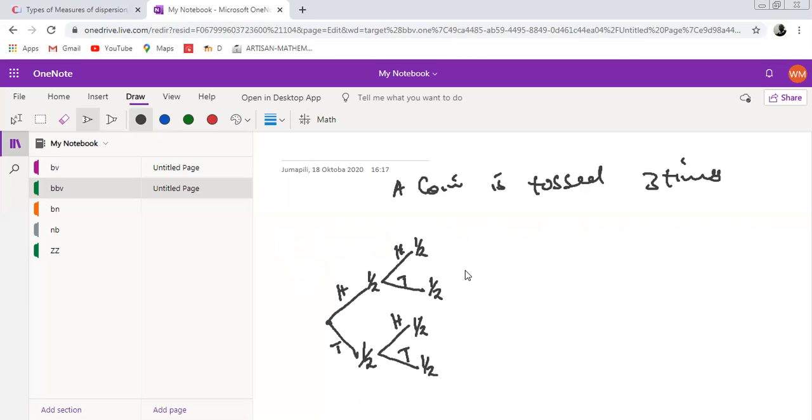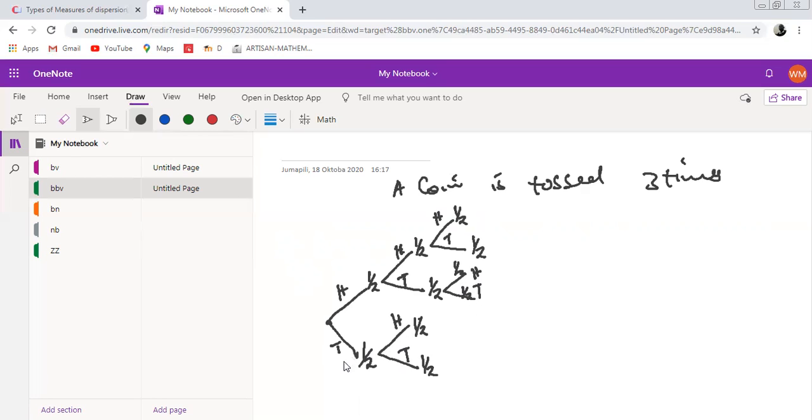Then we proceed to branch number 3, which is for the third tossing. The outcome can either be head or tail, and the probabilities don't change. It is half, half. If the second tossing was a tail, given that the first one was head, the third can either be head or tail, which is half, half.